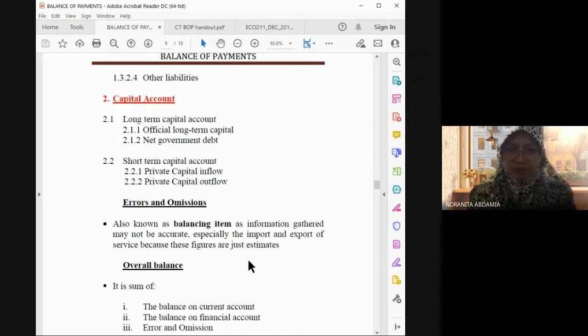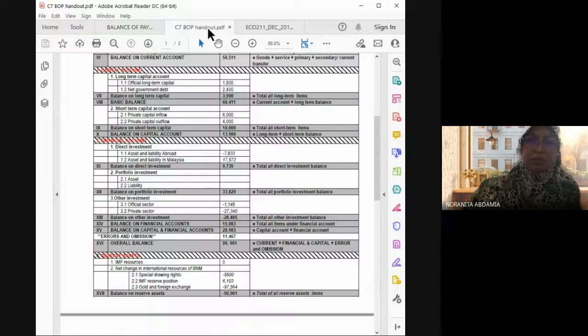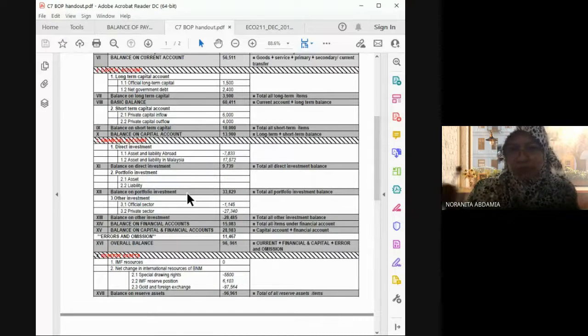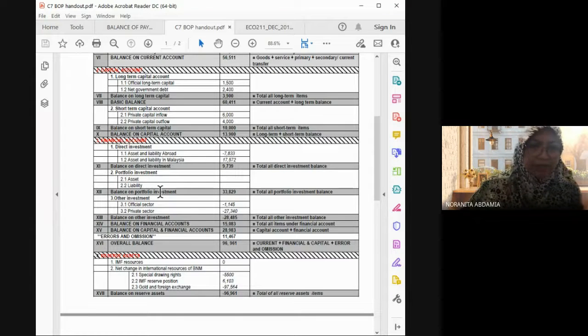So for this item to be included in the balance of payments, if you have to build up your own balance of payments and the question gives information for this omission, you just put it there. Tapi jangan sebarang letak. Sebab tu I buat this handout to really stress the positions of all the sub accounts and items.